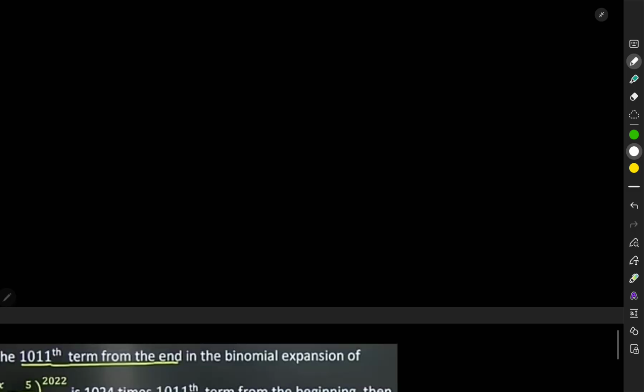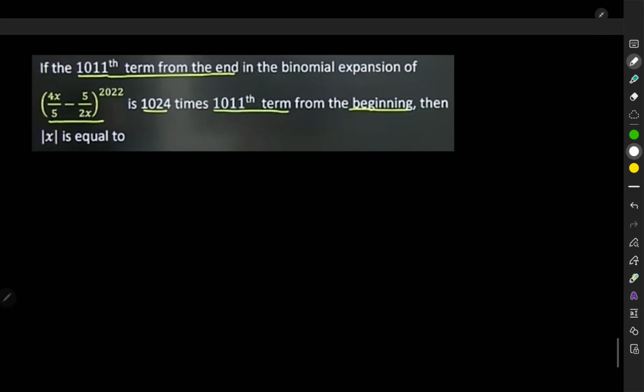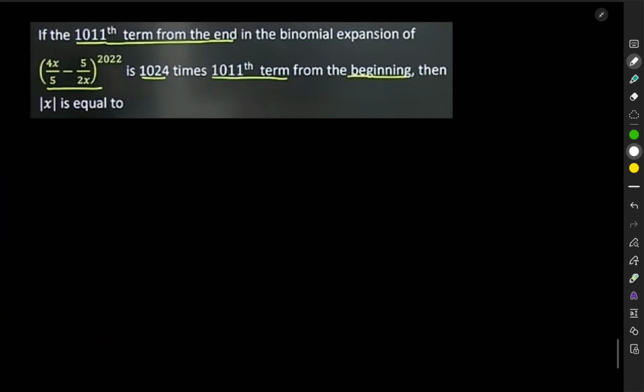So yeah, let's solve some questions based on this. Fine. Let's say the kth term from the end in the binomial expansion is 1024 times the 1011th term from the beginning, then mod x is equal to. Fine. So for this question, how we need to approach is the same way. Find the term from the start.